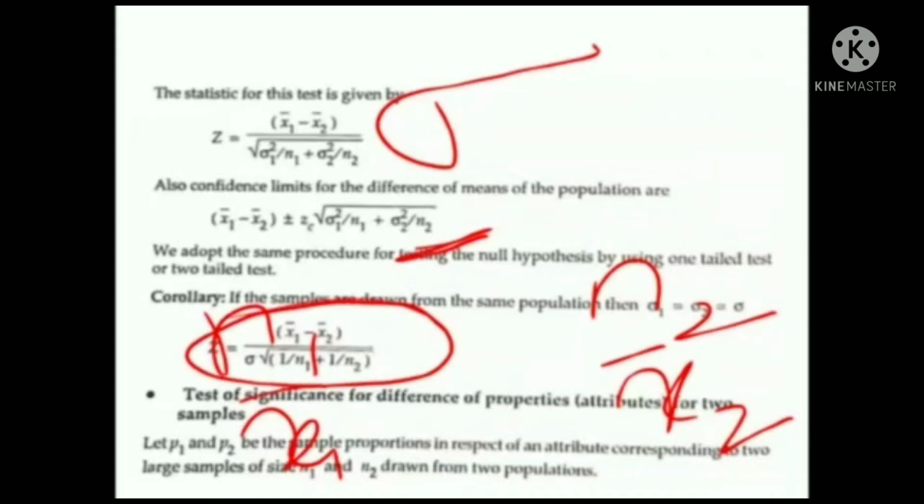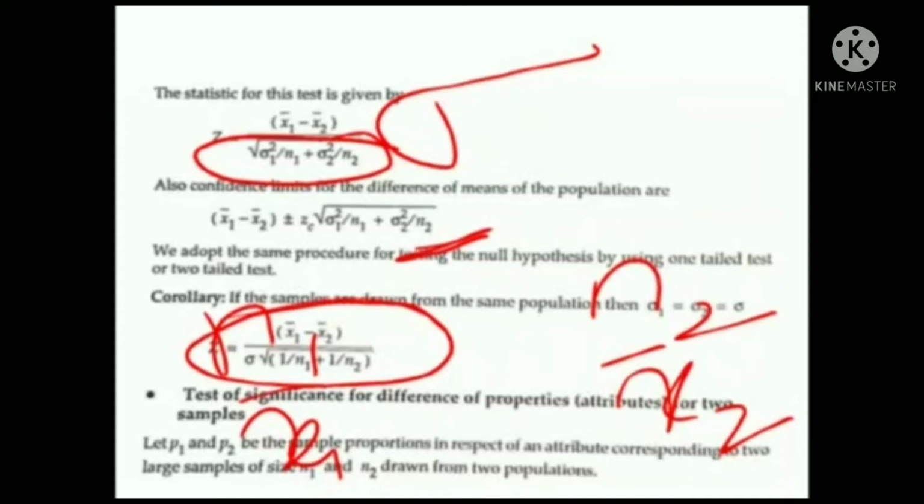From this previous formula, look at the denominator, you have sigma 1 square and sigma 2 square. Both will become sigma square, which is there under the root. You can take it outside and apply the root. It will just become sigma.